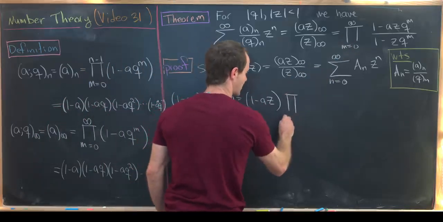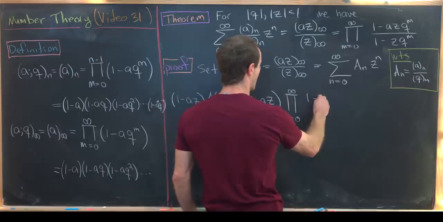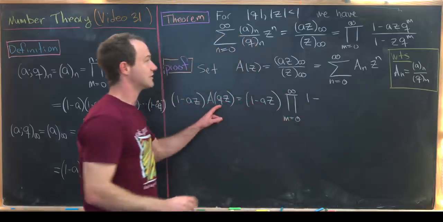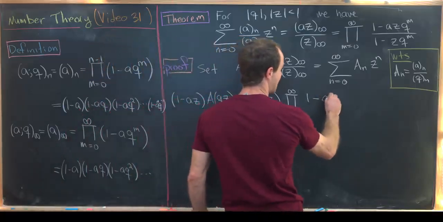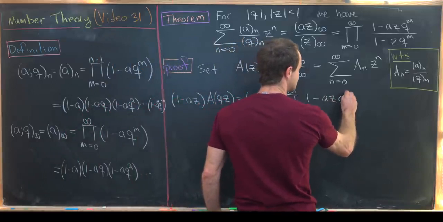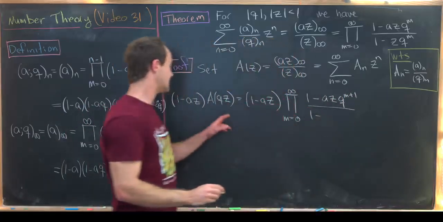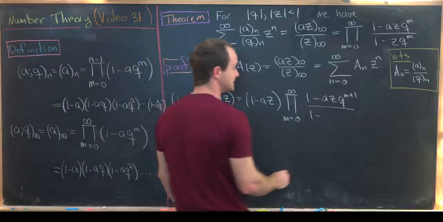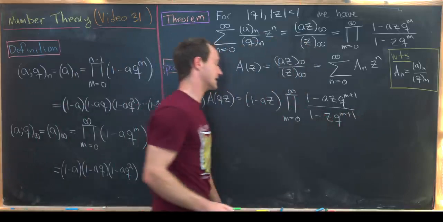So that's going to be the product as m goes from 0 up to infinity of 1 minus, now notice z is being replaced with qz, so maybe we would write this as a z q to the m plus 1 over 1 minus, again, z is being replaced with qz. So we have z times q to the m plus 1 like that.